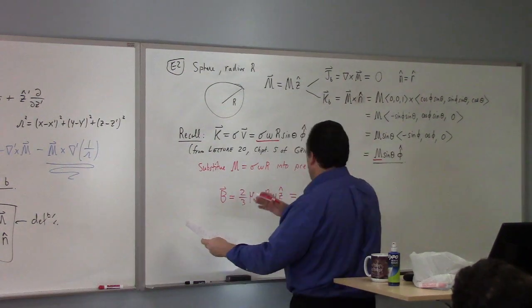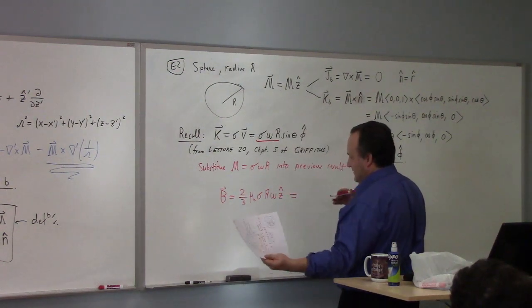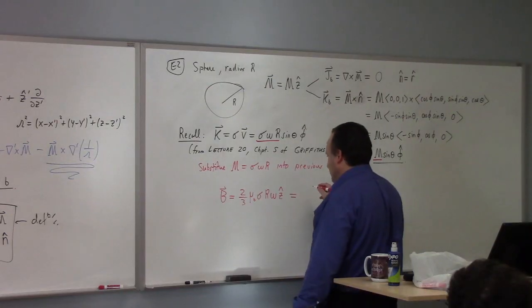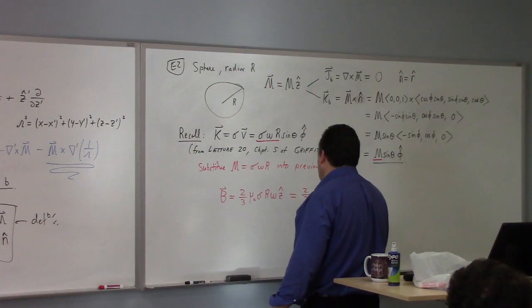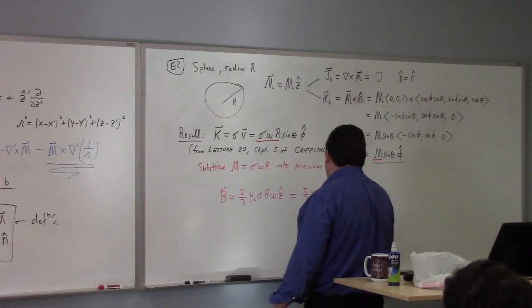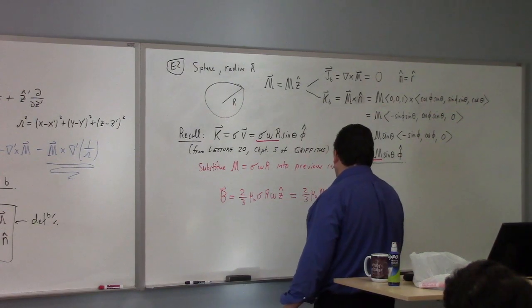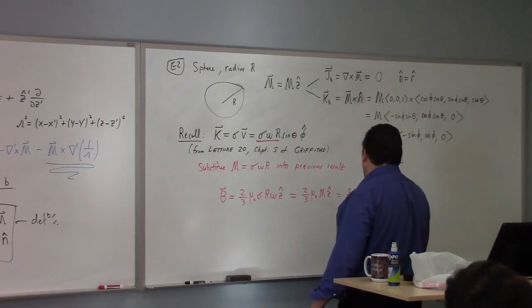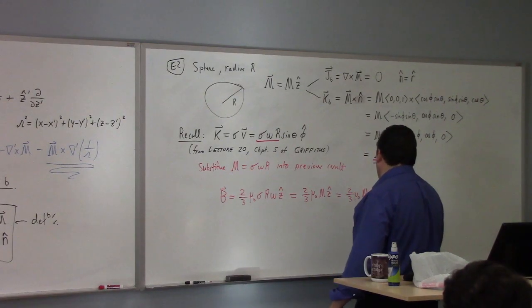So making use of the same math we already did, this is 2/3 mu naught M z hat. In other words, 2/3 mu naught M vector.